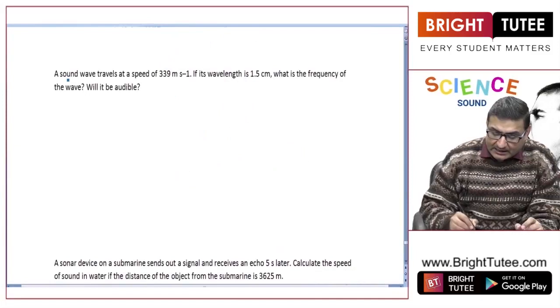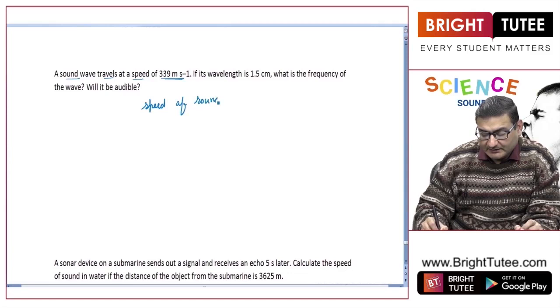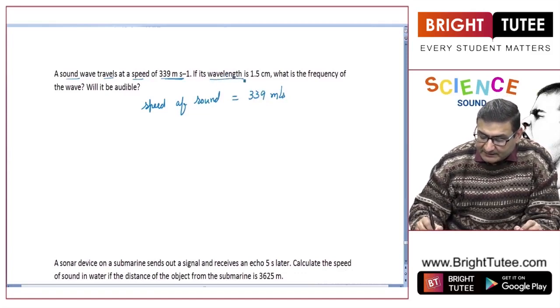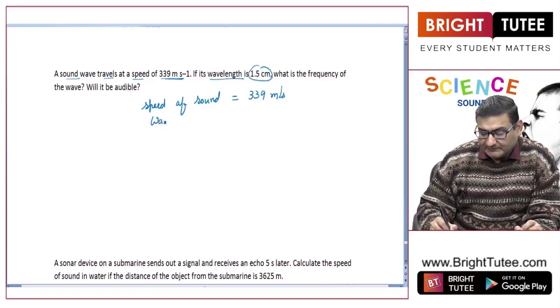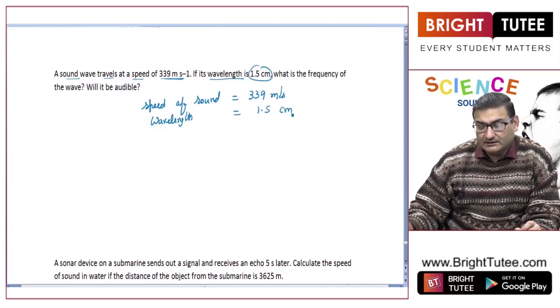Fine. A sound wave travels at a speed of 339 meter per second. So the speed of sound is given to me to be 339 meter per second. If its wavelength is 1.5 centimeter, the wavelength is given to me to be 1.5 centimeter.